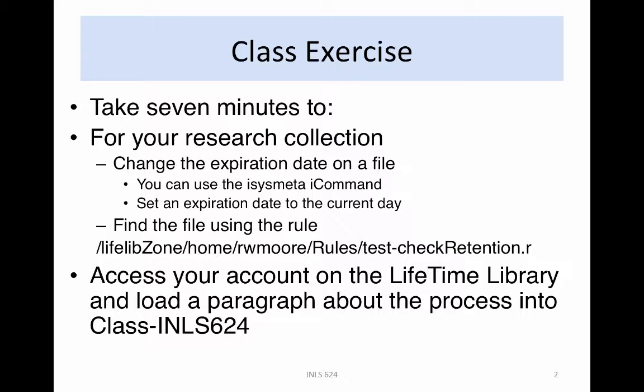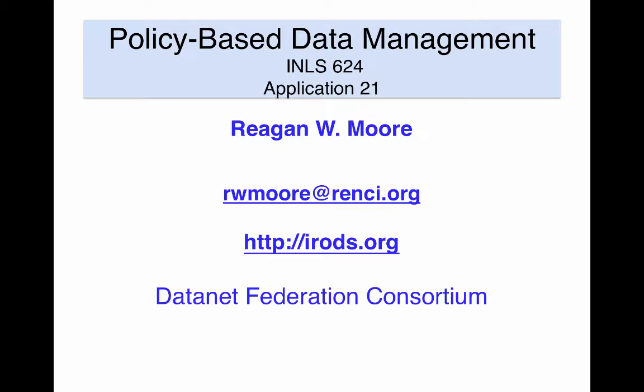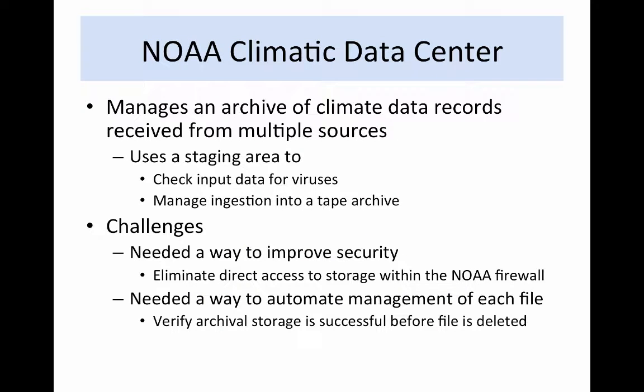The National Oceanic and Atmospheric Administration manages climate records for long-term climate research. The NOAA Climatic Data Center, NCDC, is located in Asheville, North Carolina. Climate data records from around the country are sent to NCDC over high-speed networks for preservation.